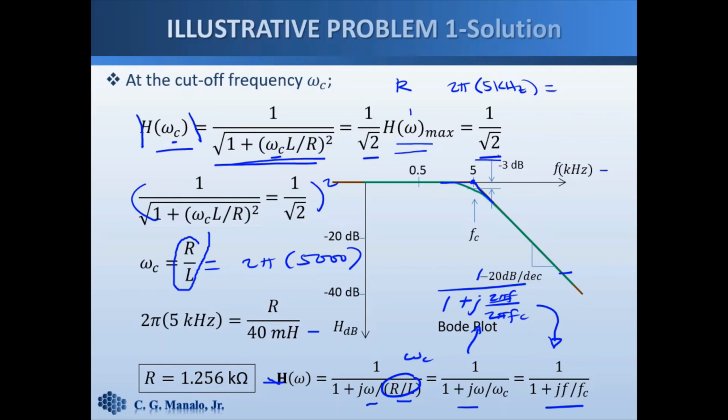Okay. We can find the actual magnitude of the transfer function by substituting here 5 kilohertz, and that should give us negative 3 dB magnitude.